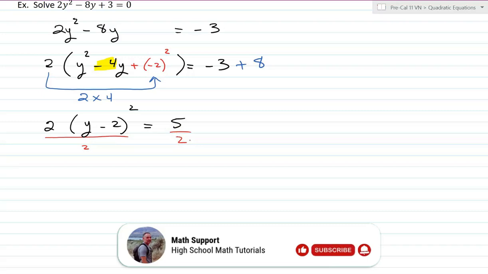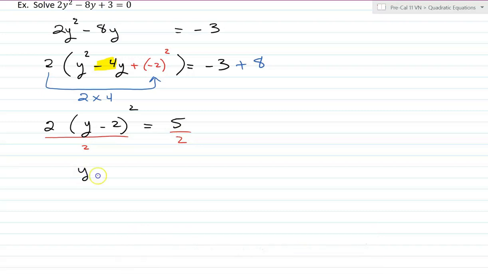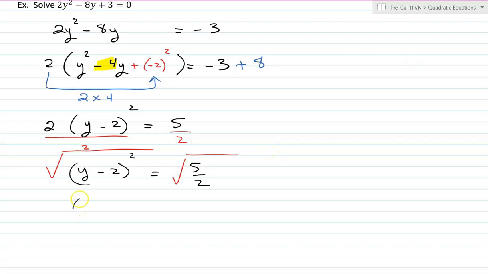We get y minus 2 all squared equals 5 divided by 2. The next step, undo the power of 2, which is the square root of both sides. When we do that, we get plus or minus. The left hand side will be y minus 2, the power of 2 goes away, and we get plus or minus the square root of 5 over 2.